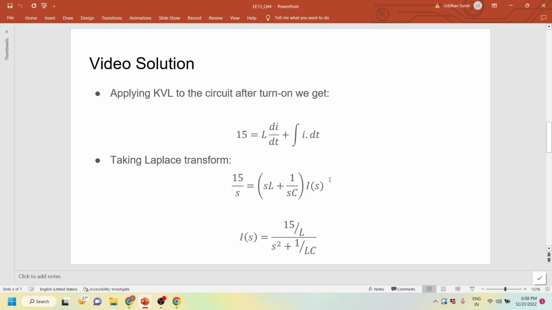Now when we take this I of S and rearrange it, it becomes 15 by L upon S square plus 1 by LC.